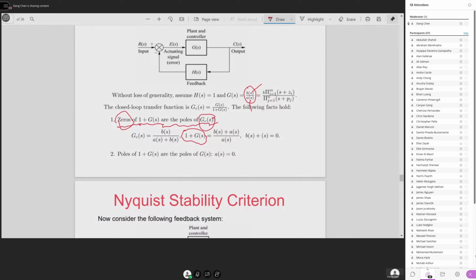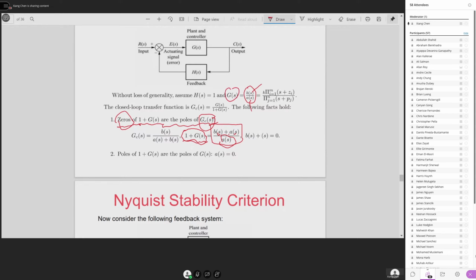Based on that, I can construct 1 plus G of S as this. The numerator of 1 plus G of S, apparently, with a very simple manipulation, is going to be equal to B of S plus A of S, and the denominator of 1 plus G of S is A of S, which is the denominator of G of S.